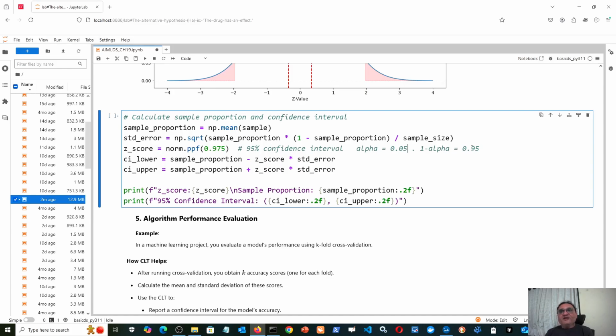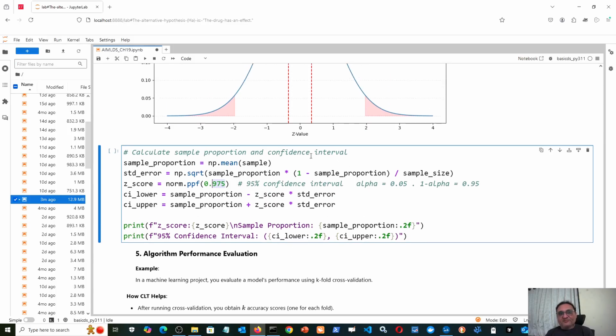But here, though it is written 95% confidence interval, it looks like we have taken a 97.5% confidence interval. Why this 975? No, it is still a 95% confidence interval, and alpha is still equal to 0.05 only, but we have a two-tailed test. So that is why on either side, how much will be the value? Half value. So that is why 0.025, and that means 1 minus alpha will be 0.975, right?